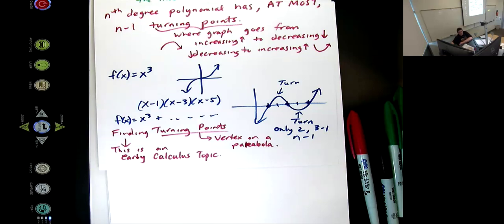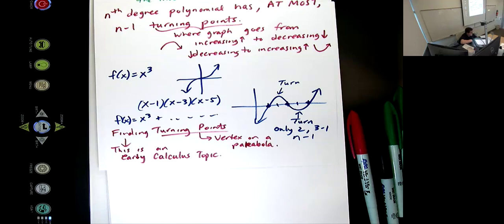Parabola, or knowing these turning points, like that problem, right? Both of the turning points would be horizontal tangent lines. Horizontal tangent lines have a slope of 0, and that's really easy to find in calculus. You're doing the same thing as finding the roots of the derivative.